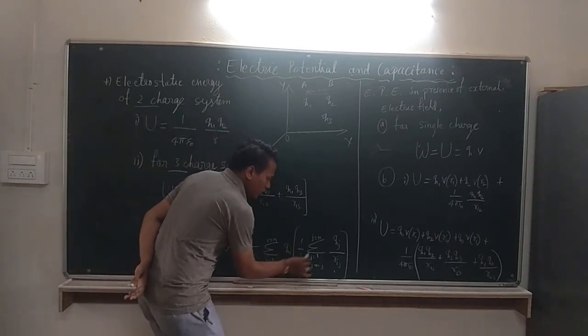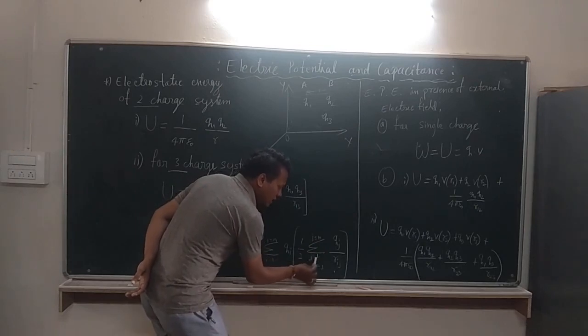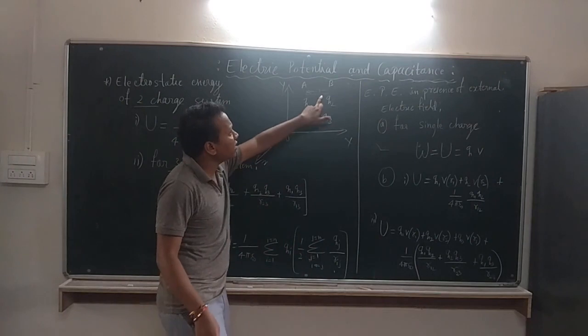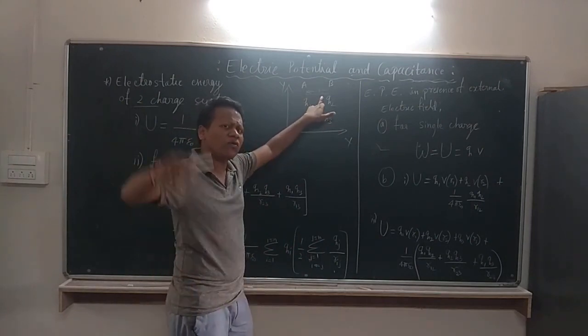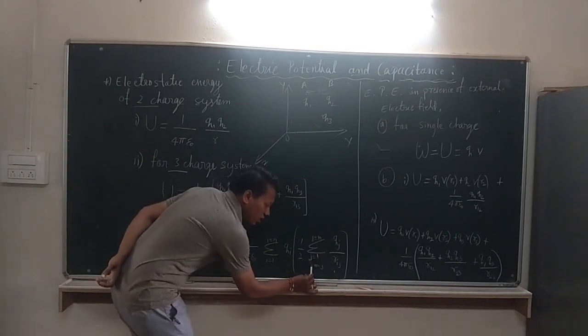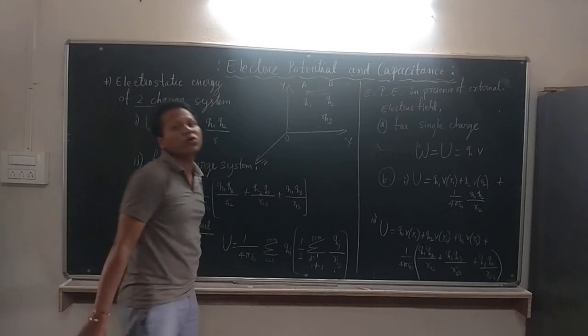So 1 divided by 2, summation of j is equal to 1 to j is equal to n. You may take the second charge from 2, 3, 4, 5, 6, 7, 8, 9 up to n number of charges. At the same time, one point is very important, where i is not equal to j.